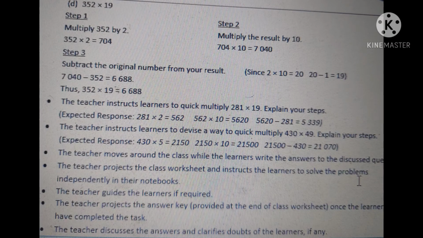The result would be 5620, and then 281 should be subtracted from 5620 to get the final answer, that is 5339. Okay, I hope this is clear why we have first multiplied by 2 and then multiplied by 10 and then subtracted the original number, because 2 into 10 is equal to 20 and 20 minus 1 is equal to 19.